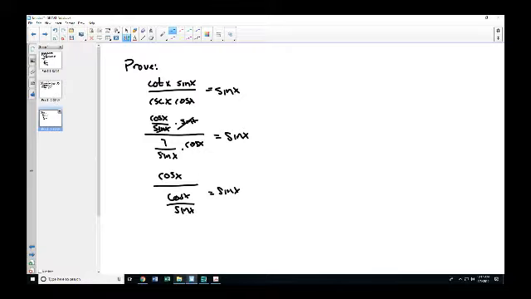Can you? Come up with a reason why you could do that, because then we're going to go to the fractions. Yeah, he's correct. If you have the same item in the numerator and denominator, you can cancel them.